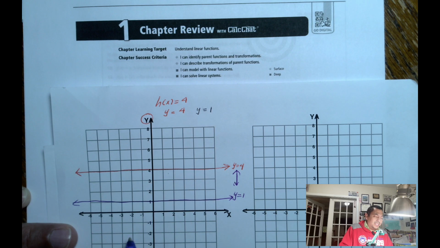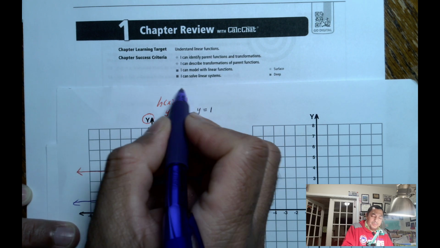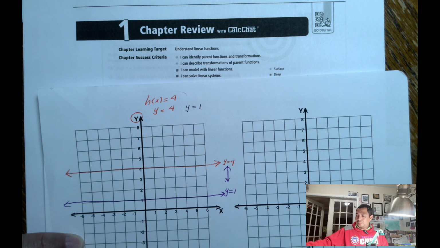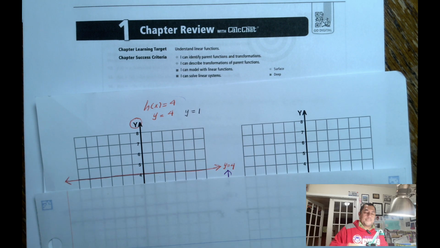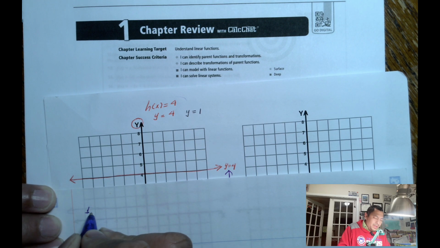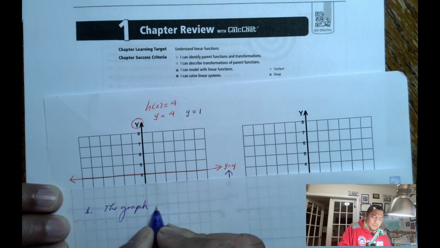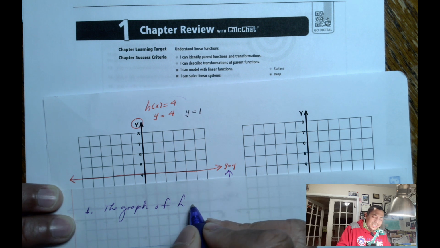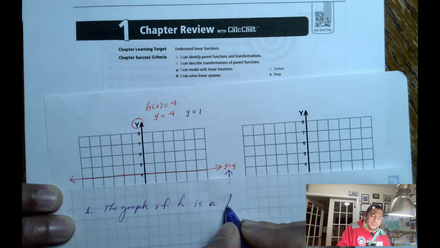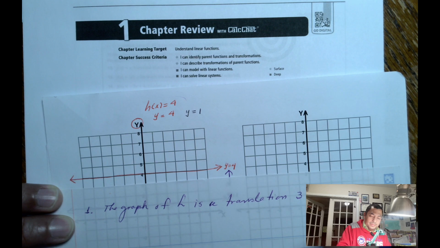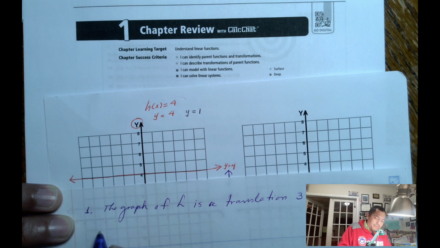So in this case, remember, this is the formal answer. For problem number 1, we're going to write: the graph of h is a translation 3 units up of the parent function.